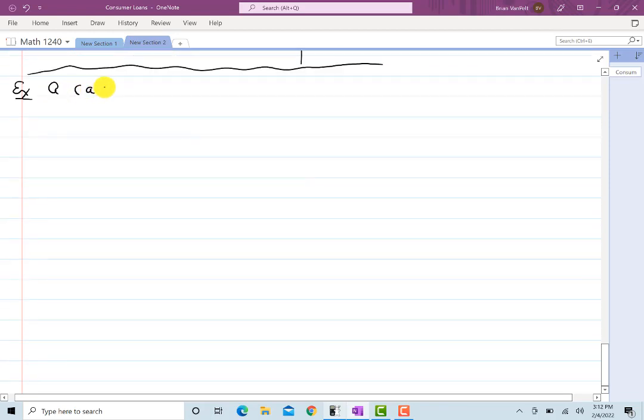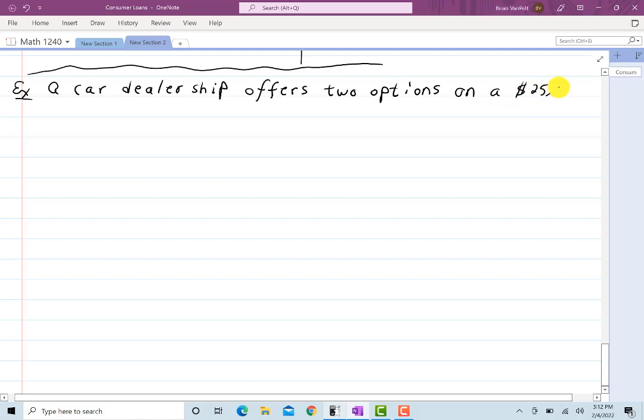A car dealership offers two options on a $25,000 car.